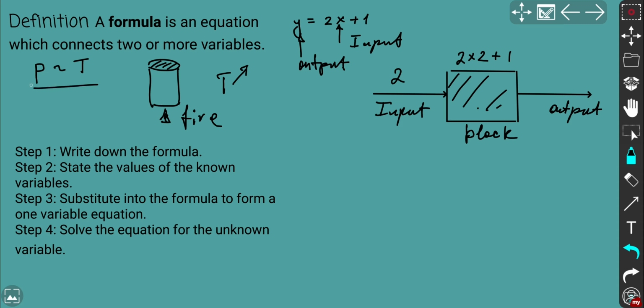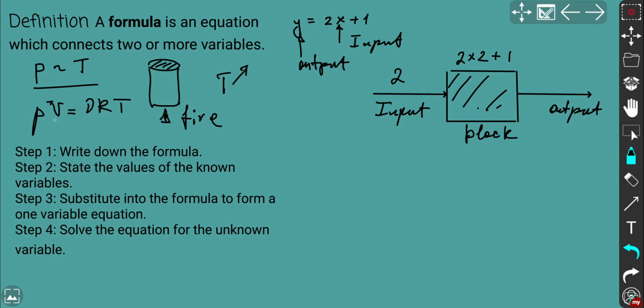So right now, that's a sort of proportional dependency, but how exactly? There's a specific rule for that. P times the volume, if volume is not changing, so V is some given variable, equals the number of moles times R times T. That's the right formula in physics.